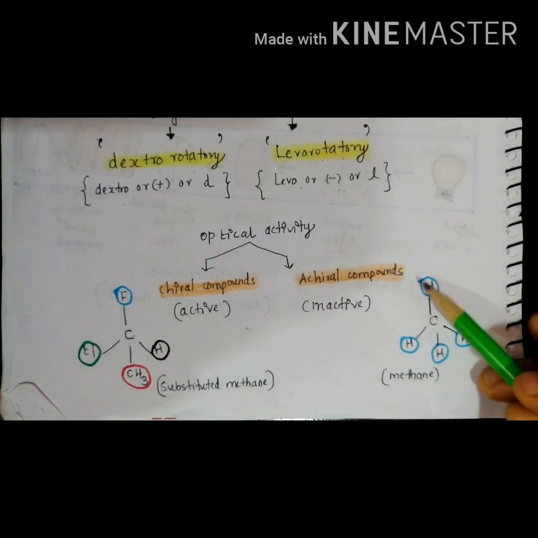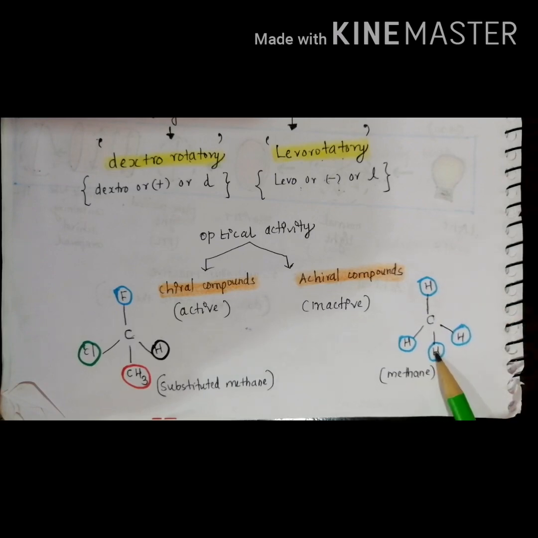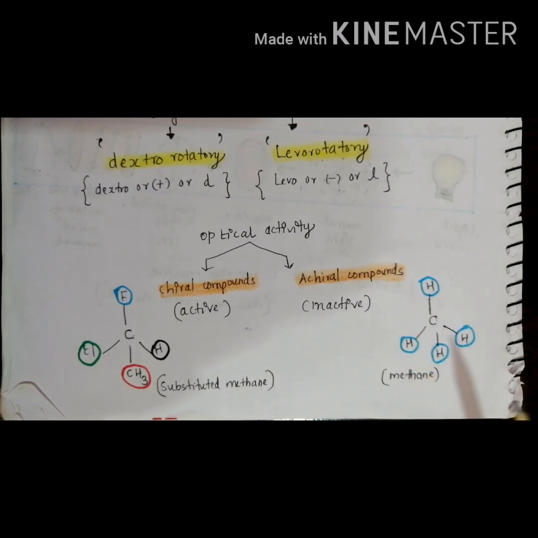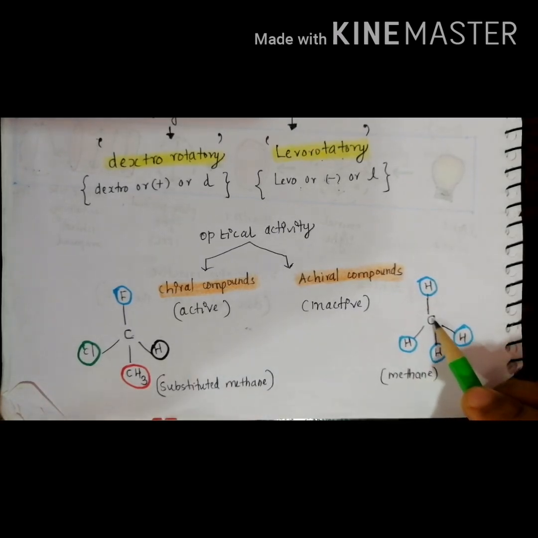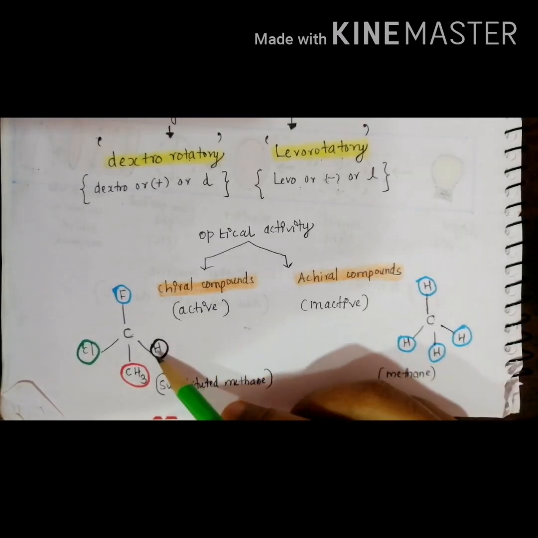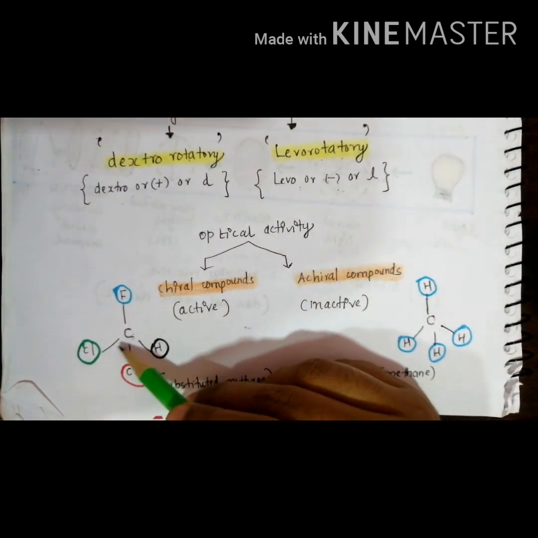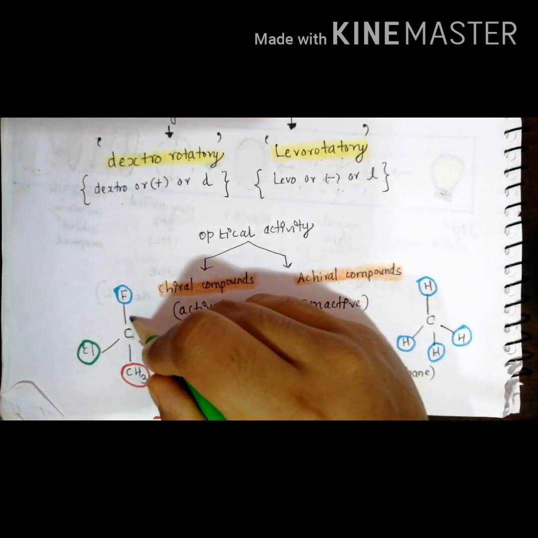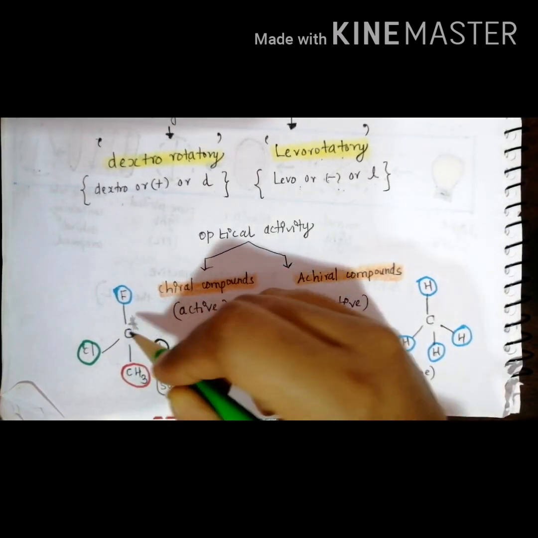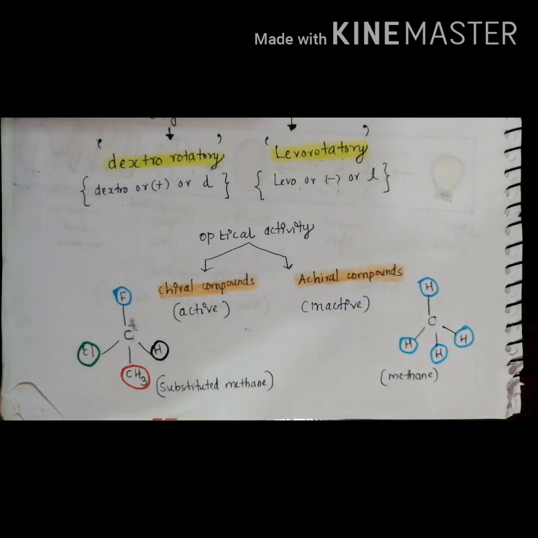Achiral means the carbon is attached to similar atoms. Here I am taking methane and substituted methane. In an achiral compound, at least two similar groups of atoms are attached to the central carbon, so this carbon is not chiral; it is achiral. Here the carbon is chiral because it is attached to four different groups, and this can be indicated as an asymmetric carbon. This is all about the introduction to optical isomerism.